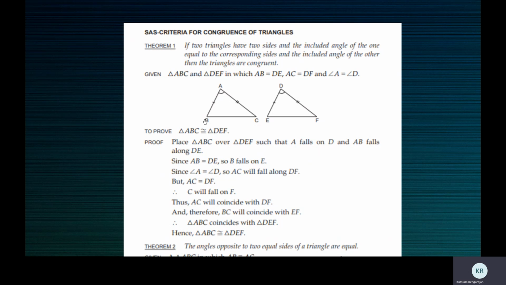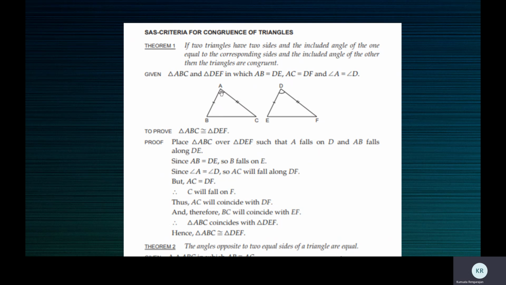and AB falls along DE. But what do we have? AB is equal to DE. So when you place it in such a way that AB falls along DE, since AB is equal to DE, B will fall on E. Correct?